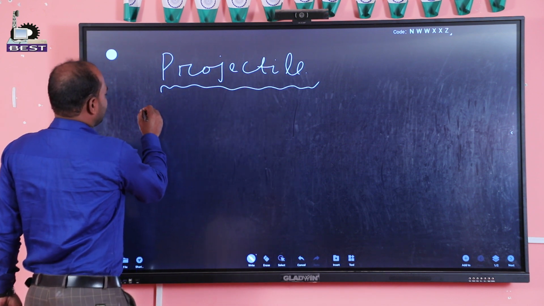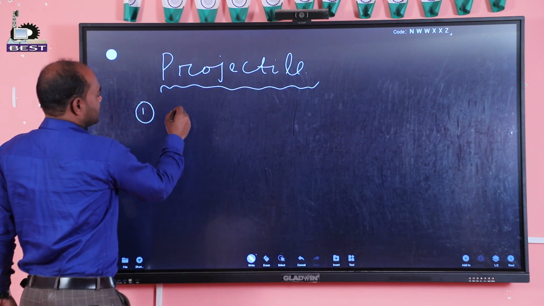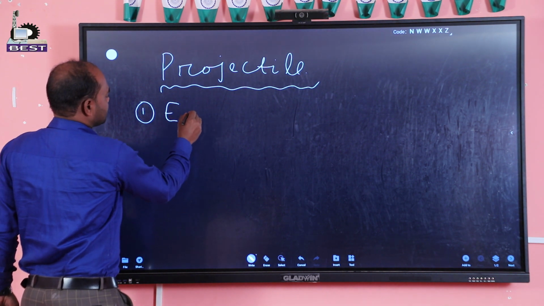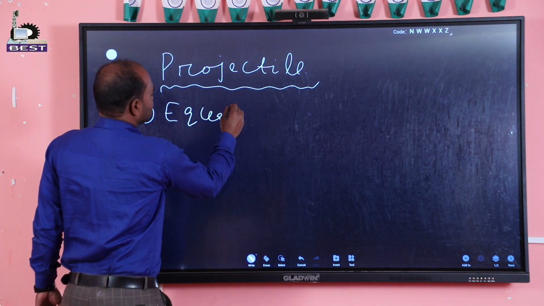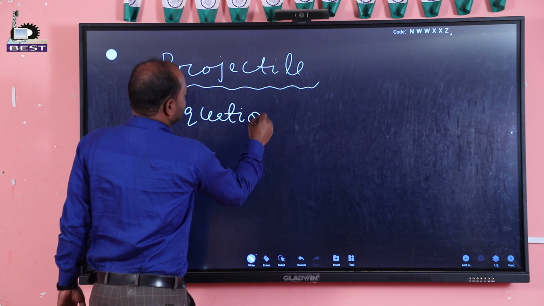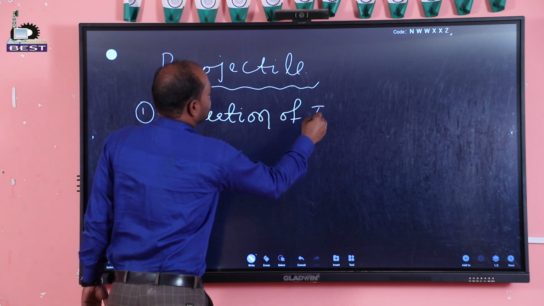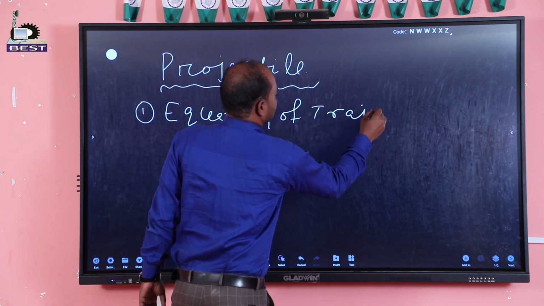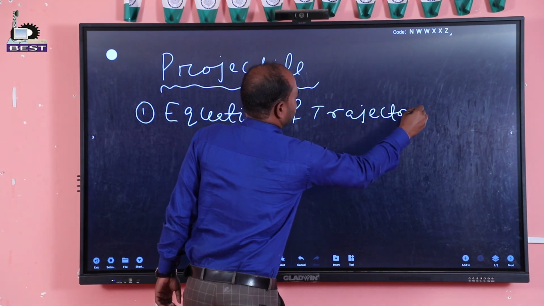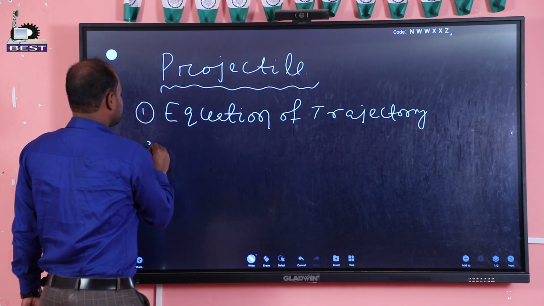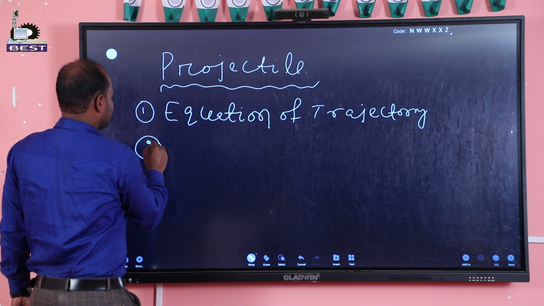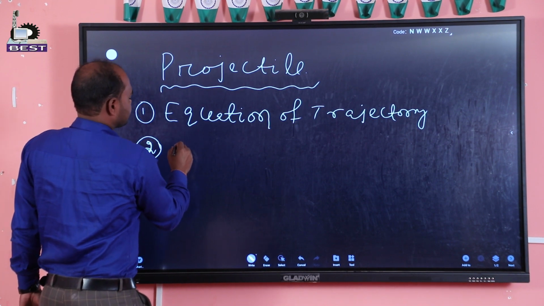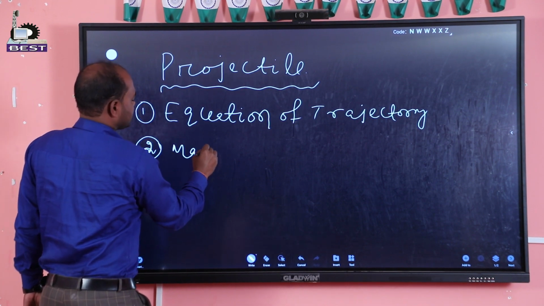That is, number one, equation of trajectory. Second one is maximum height.